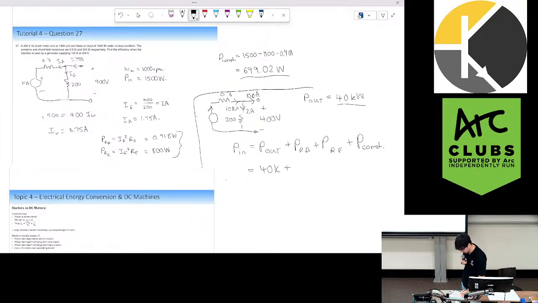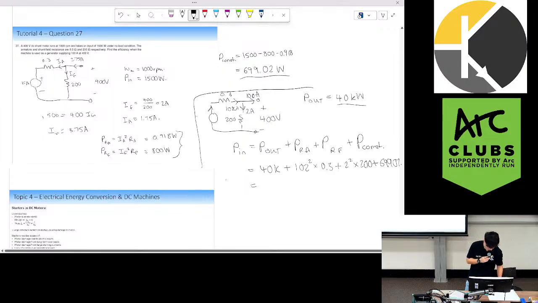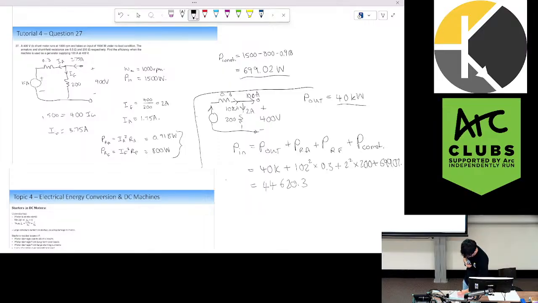So I can use this in our calculation. 102 amps squared times 0.3 plus 2 amps squared times 200 plus our constant losses, which was 699.02. And what we find is the total input power is going to be 44,620.3 watts.